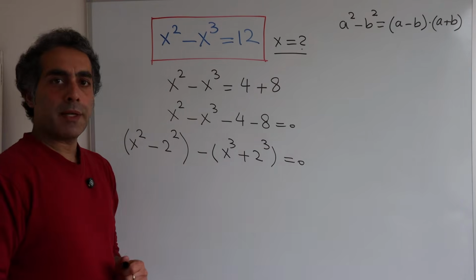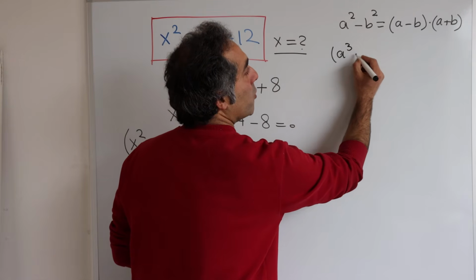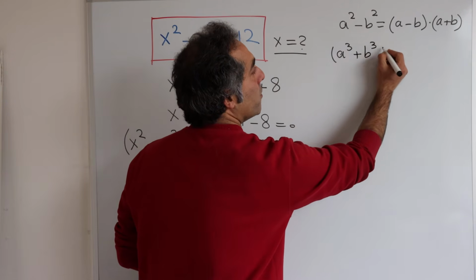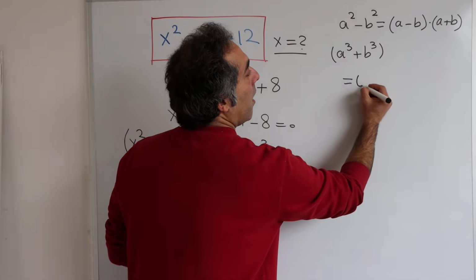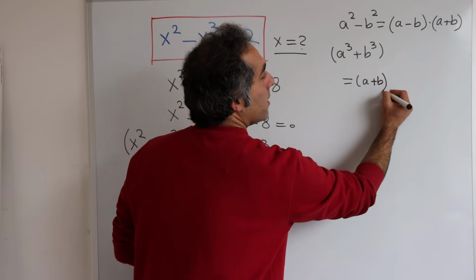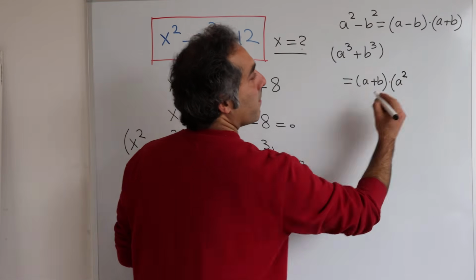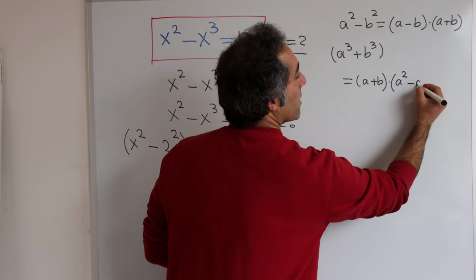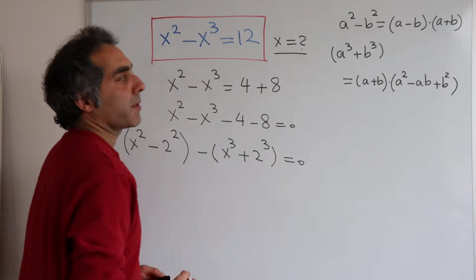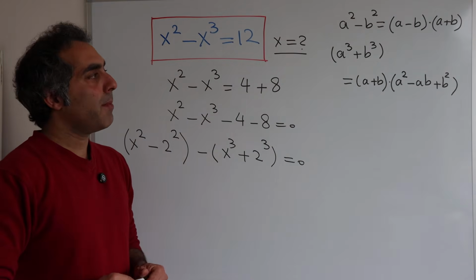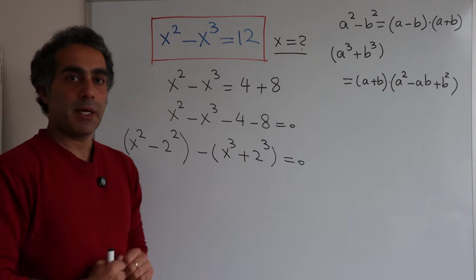But for the cube parenthesis, maybe you remember a cubed plus b cubed equals a plus b times a squared minus a b plus b squared. It's the second mathematical identity you can use for the second parenthesis.